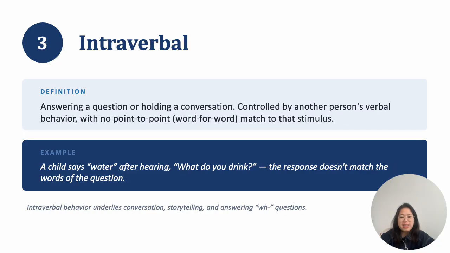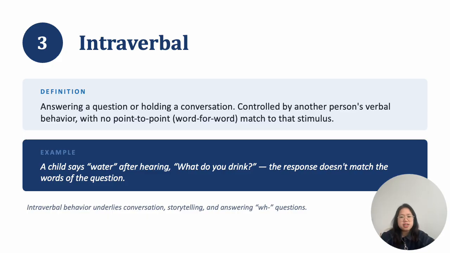The third operant is the intraverbal. This is answering a question or holding a conversation, and it's controlled by another person's verbal behavior, but critically, with no point-to-point or word-for-word match to that stimulus. For example, a child says water after hearing, "What do you drink?"